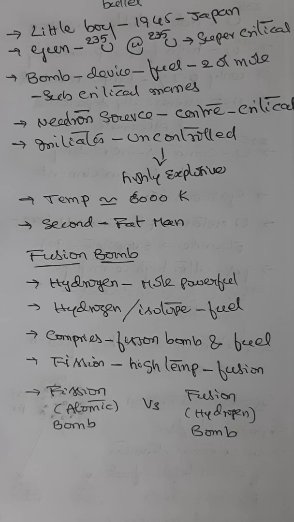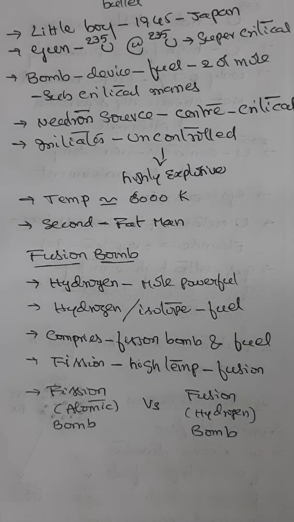In fission, otherwise the atomic bomb, the explosion is basically 1500 to 20,000 tons of TNT, and up to 5 lakh tons of TNT have been tested. Whereas fusion is about 1000 times more powerful than fission bombs, that is around 10 megatons of TNT. The most powerful bomb has a yield of almost 50 megatons of TNT.